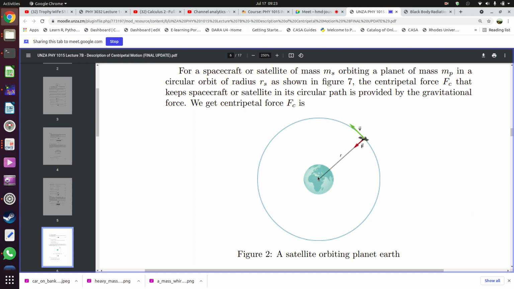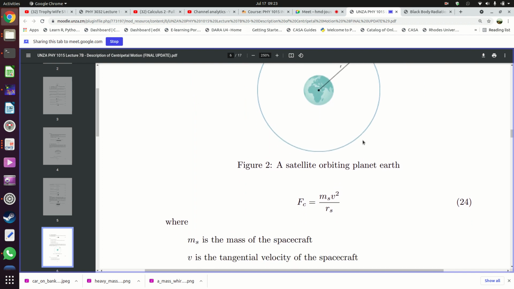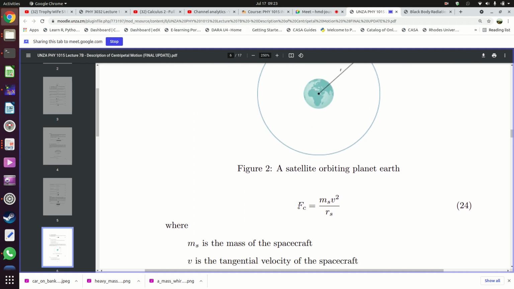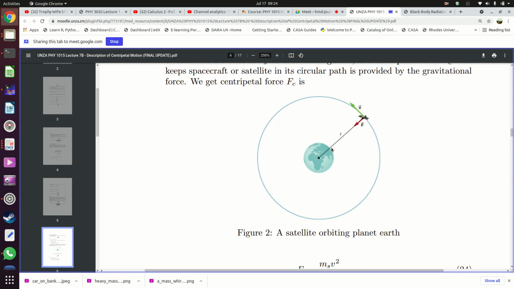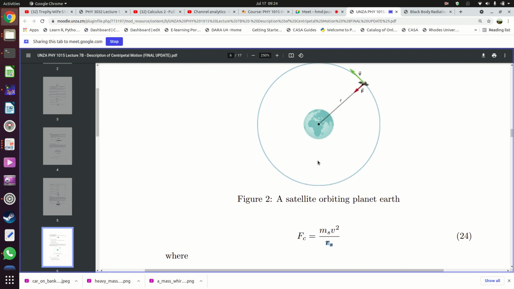In that case, your centripetal force, Fc, when you have a satellite moving in space, is going to be given by the mass of the satellite, ms, multiplied by the speed of the satellite in space, v, divided by the radius of the satellite's circular orbit. The radius rs of the satellite is made up of the height of the satellite above the Earth and also the radius of the Earth.